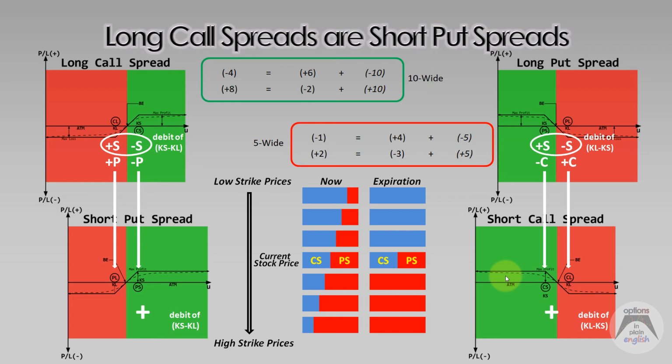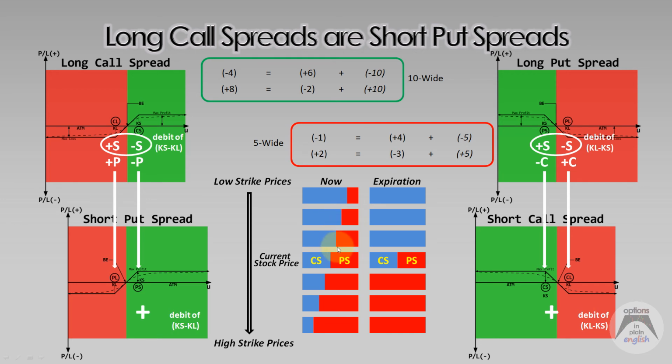For example, let's work with a real example. Let's say you are bullish. So for example, here you could sell a put spread over here. But what if you're really bullish?